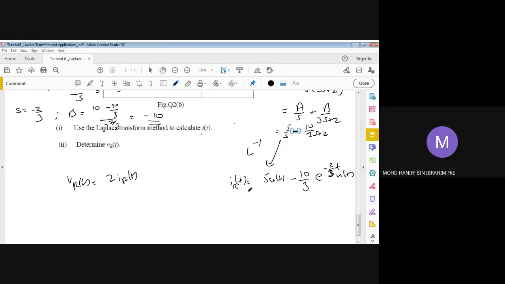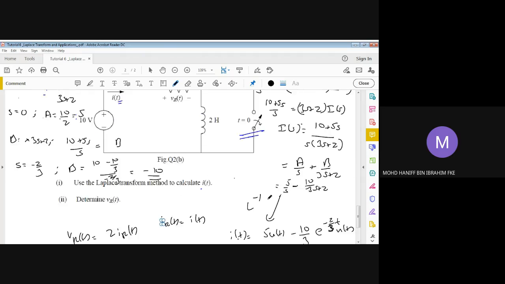Sorry, this is the i(t), my apologies. The i_R(t) is similar to i(t), so we can just use this i(t) in this equation. We're going to have 10u(t) minus 20 over 3 e^(-2/3 t) u(t). So that should be the answer for this example number 2.